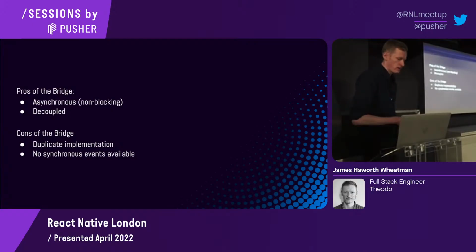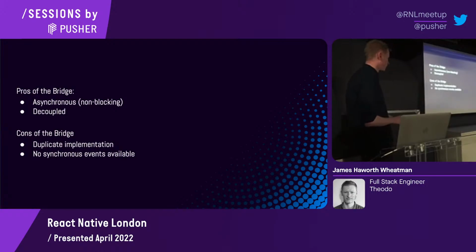But obviously, there are some cons to the bridge. We've got a lot of duplicate implementation, with things being implemented once on the native Android side and once on the native iOS side. Also, we have no way of having any synchronous events. The JavaScript environment has no way of knowing what's actually going on in the native thread because it's just sending messages.